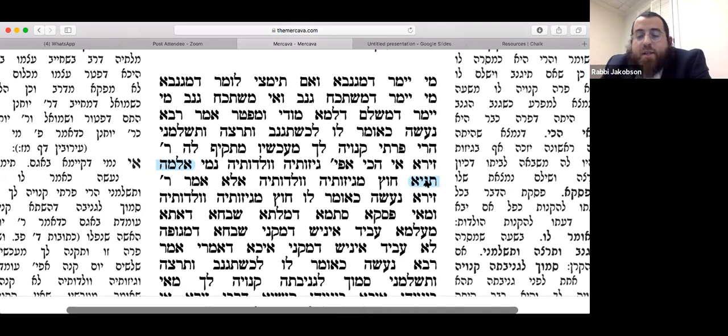But again, a Baraisa is as powerful, comes from the same era of the Mishnah, from the same teachers, and as long as it doesn't counter a Mishnah, we accept it as powerful as a Mishnah.